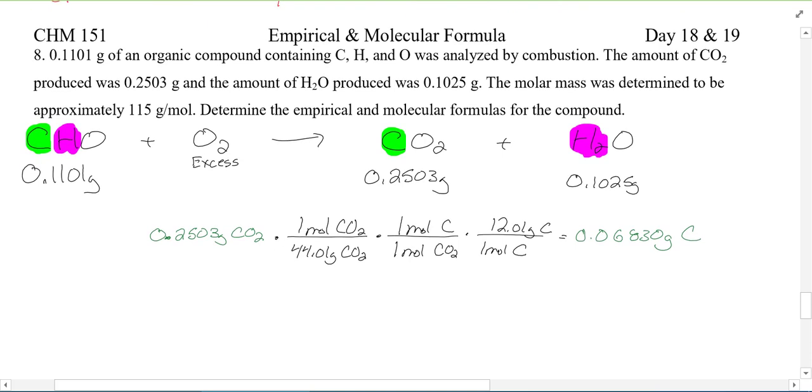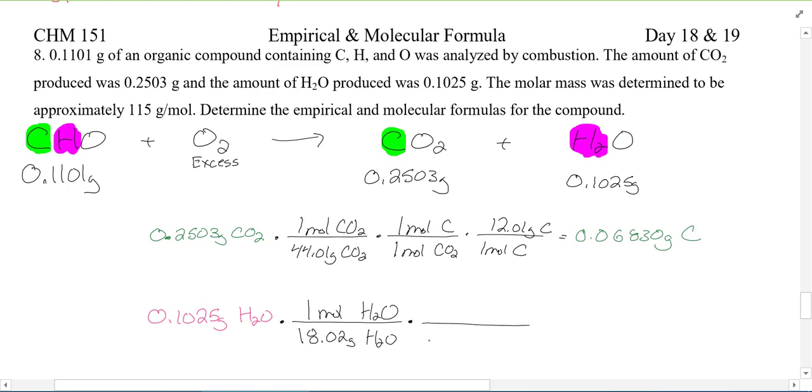I can do the same thing with my hydrogen. We have 0.1025 grams of H2O. We know 1 mole of H2O, or 18.02 grams of water, is 1 mole of water.